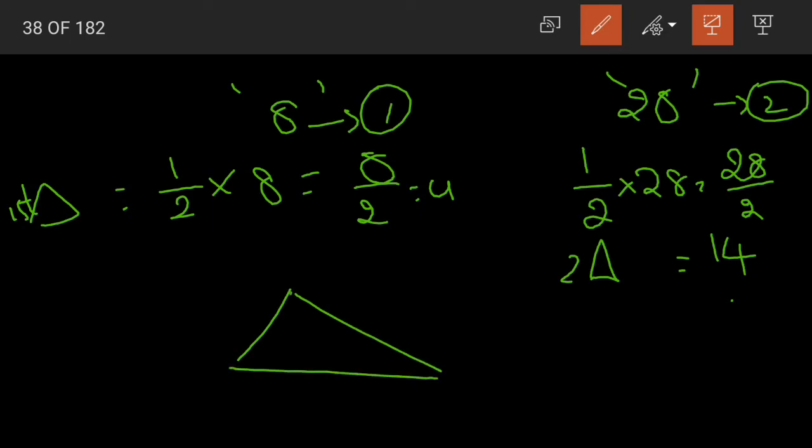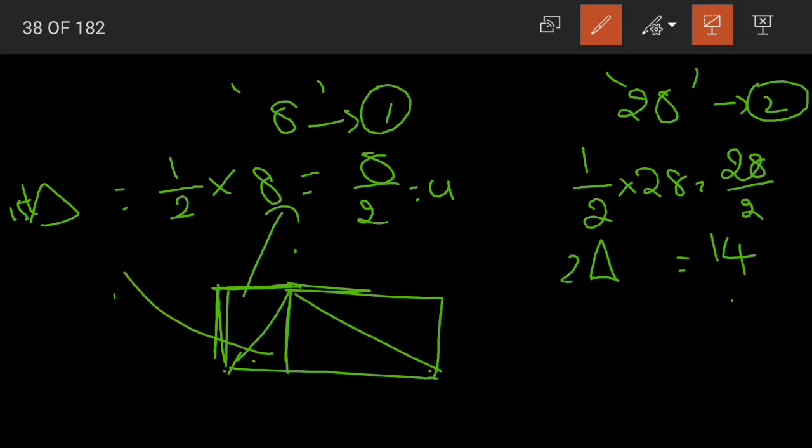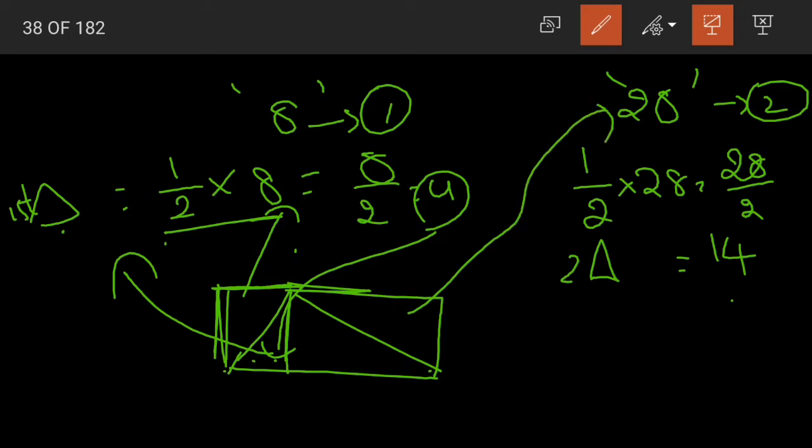See, the triangle is like this. We have divided the whole triangle into two triangles, and we have one rectangle and the second rectangle. The area of the first rectangle is 8 units. So the area of the first triangle becomes half into 8, that is 4 square units. Now in the same way, the area of the second rectangle is 28 square units.